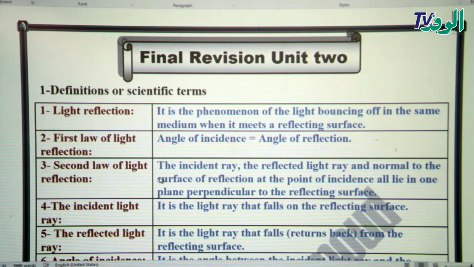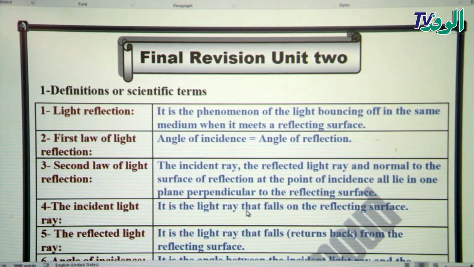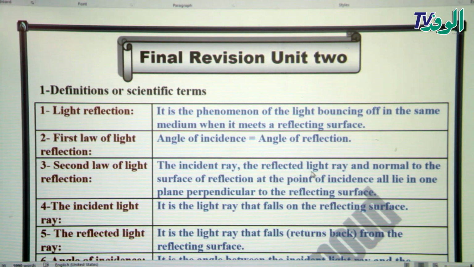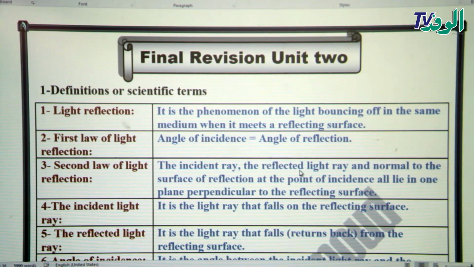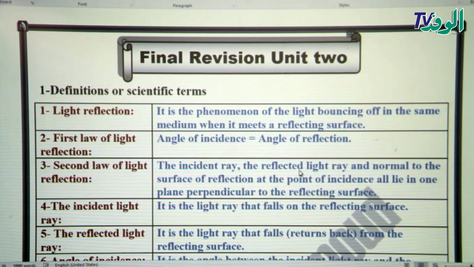Second one, the incident light ray, the reflected light ray, and the normal to the reflecting surface at the point of incidence are all in one plane perpendicular to the reflecting surface.